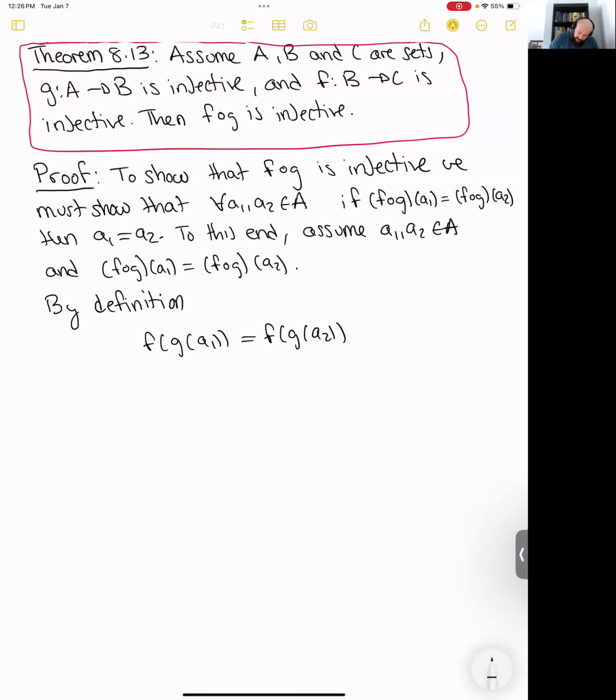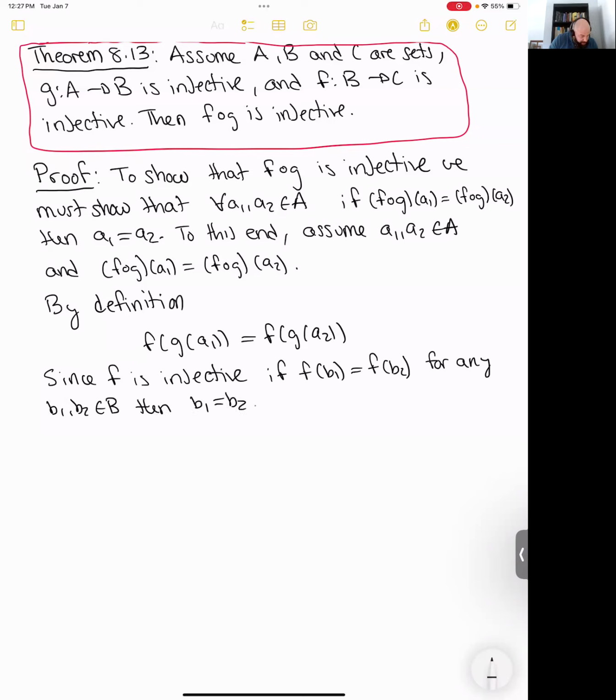Okay, so now let's remember, since F is injective, if F of B1 is equal to F of B2, for B1, B2 in B, then B1 is equal to B2, right?